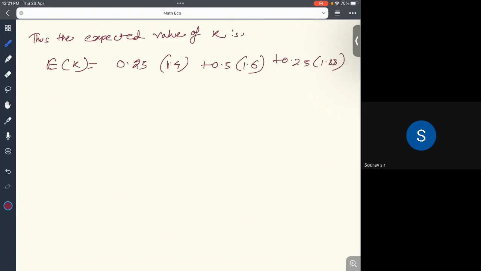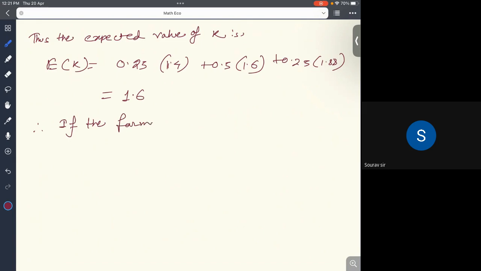So if you solve this problem, you will get the value is equivalent to 1.6. Therefore, if the farmer applies fertilizer, her expected yield would be y prime is equal to k y, that means 1.6 into y.